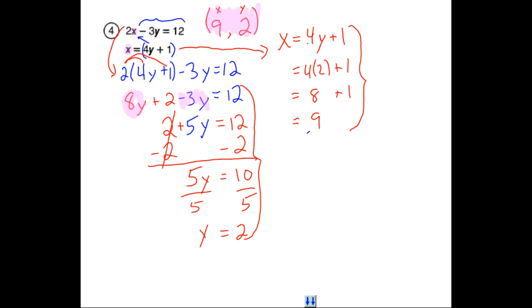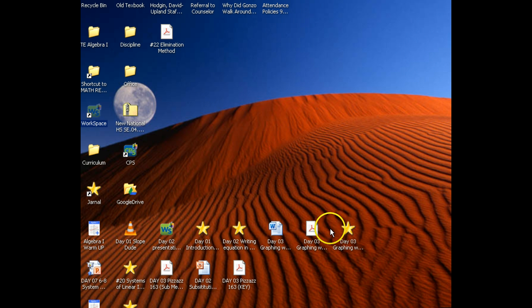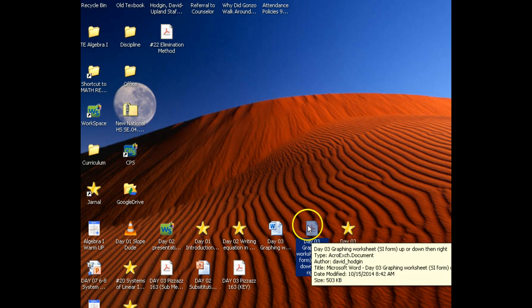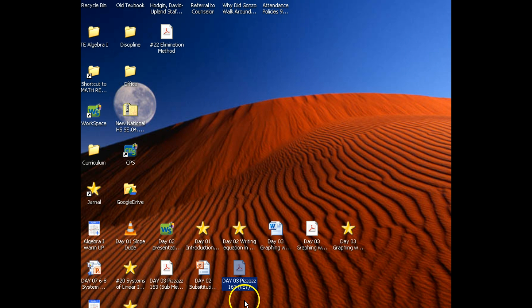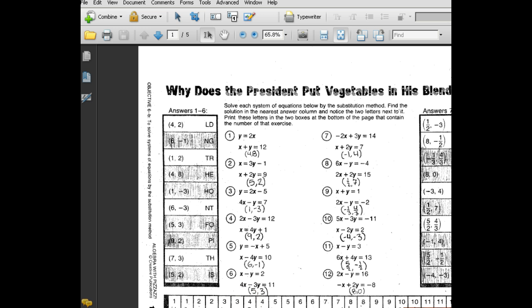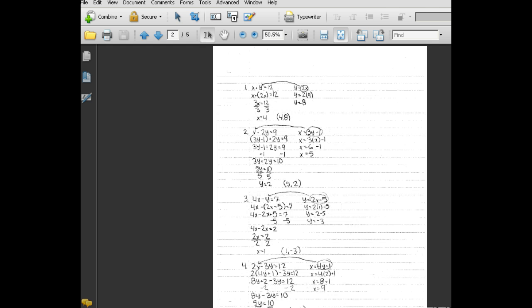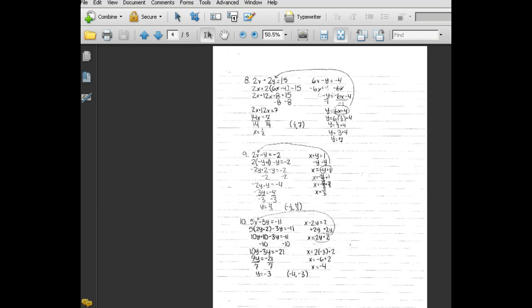I think I have an example of the homework. Yeah, so when you're finished, it should look something like this. All your work will look like this. Okay, you can see how I'm plugging it back in. It's kind of that 2-column format.